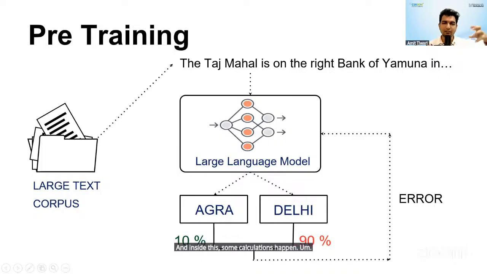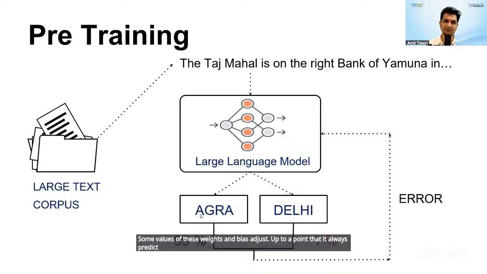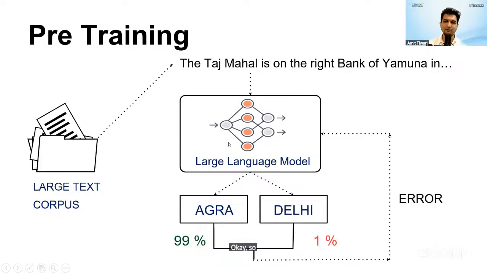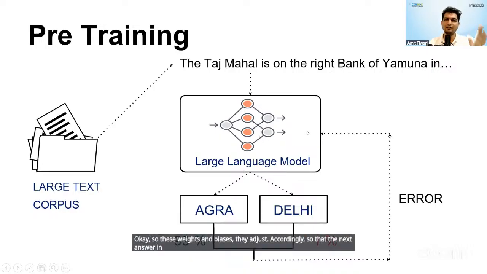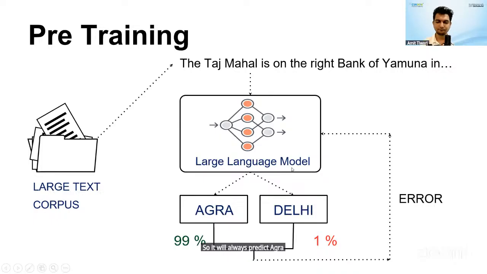So these weights and biases get adjusted, up to a point that it always predicts the right answer, which is Agra. So whenever I write "The Taj Mahal is on the right bank of Yamuna in", it will always predict Agra as the right answer.